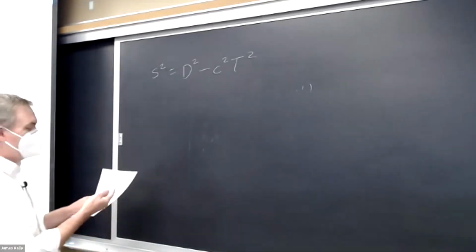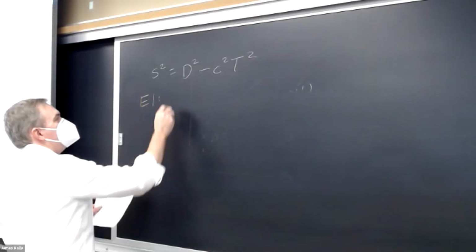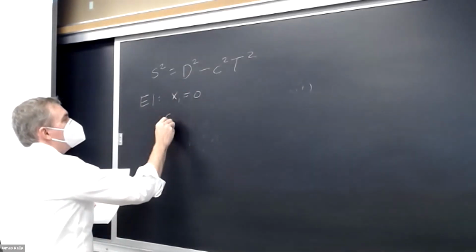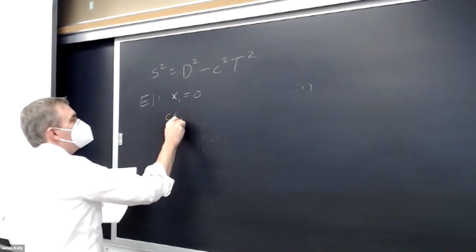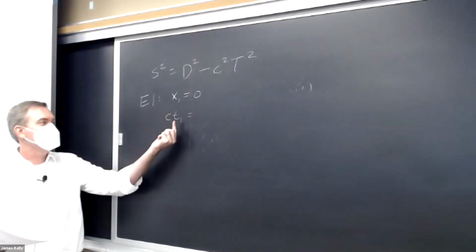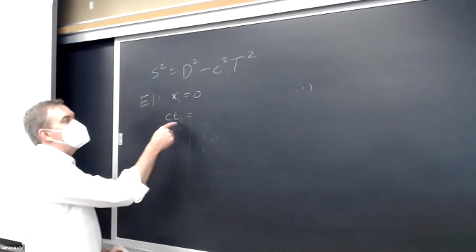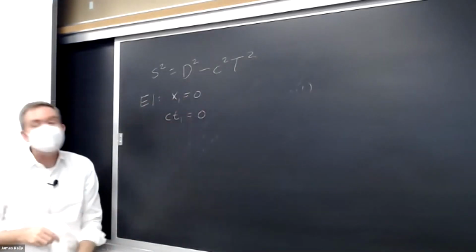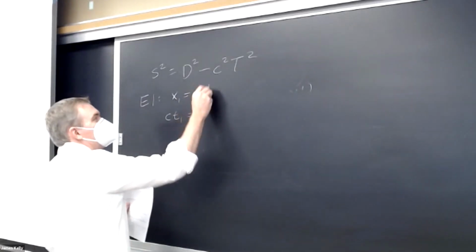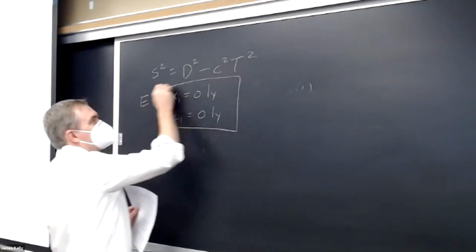So the coordinates of event 1: x1, of course, is 0. And ct1, by definition, we said let's choose our coordinate system so that the ship leaving Earth, that's event 1, happens at t1 equals 0. So that means ct1 is equal to 0. Things are measured in light years in this problem, so I'll just put light years next to it. That's half of what we're asked for.